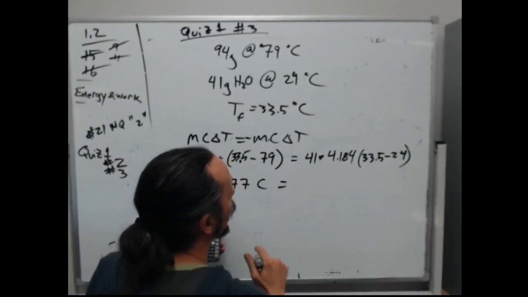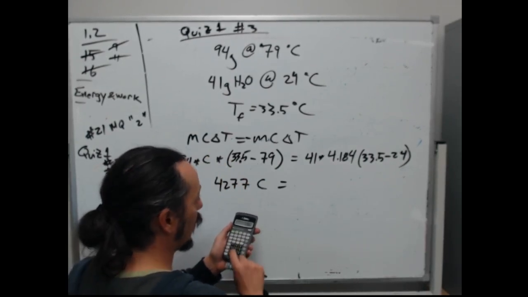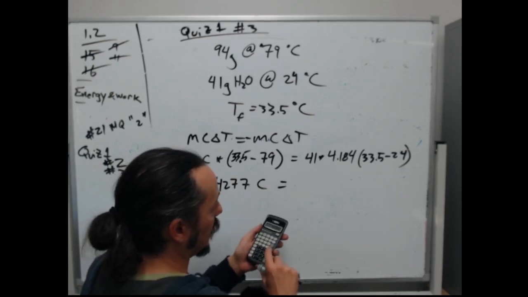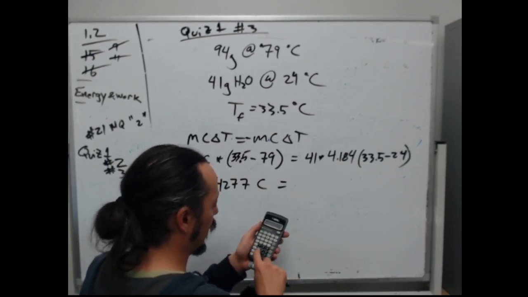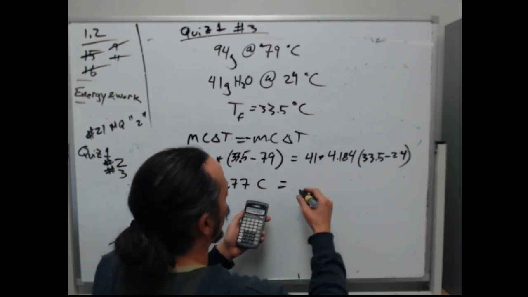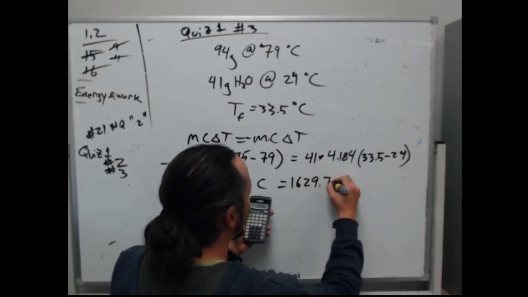And then we can multiply this all out and see what we get. 41 times 4.184 times quantity 33.5 minus 24. This is 1629.7.